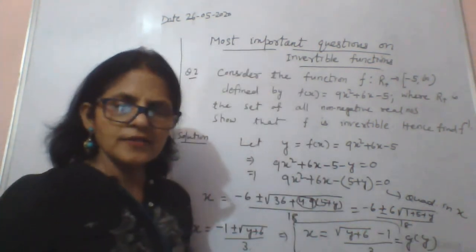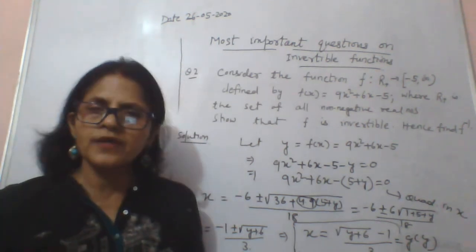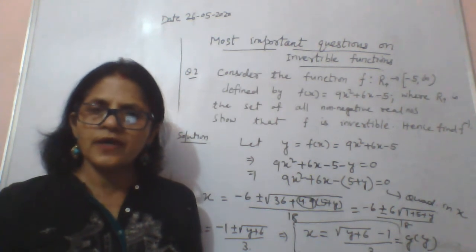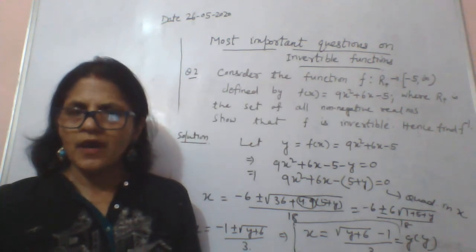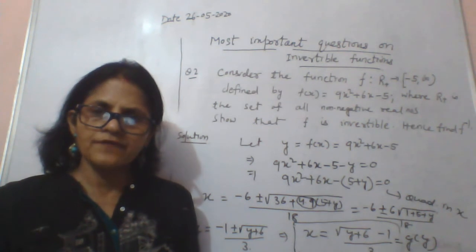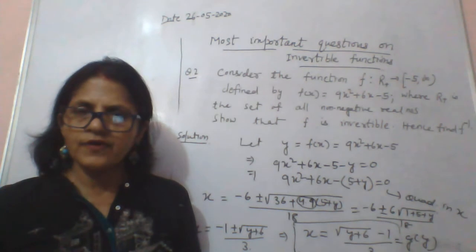Okay, our next step is we have to prove f(g(y)) equal to y and g(f(x)) equal to x. So if f(g(y)) equal to y and g(f(x)) equal to x, it means both f∘g and g∘f are identity functions.